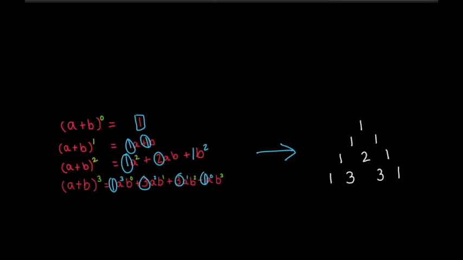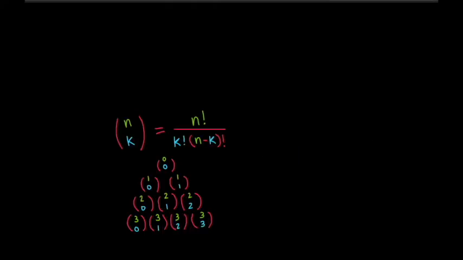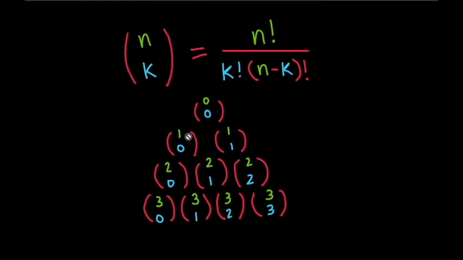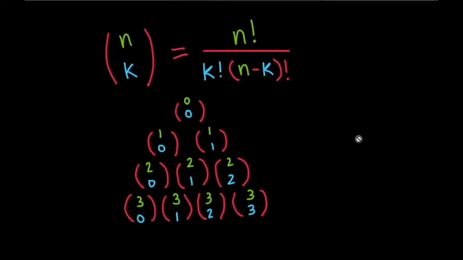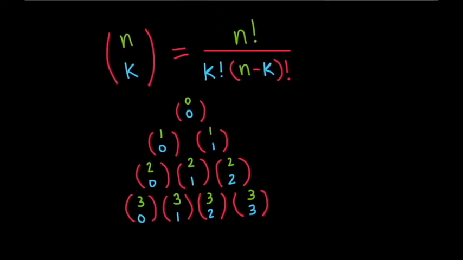And we can use notation like n choose k, which I'll show you what that looks like. We can use notation like n choose k to represent these values. And the formula for n choose k equals n factorial over k factorial times n minus k factorial.